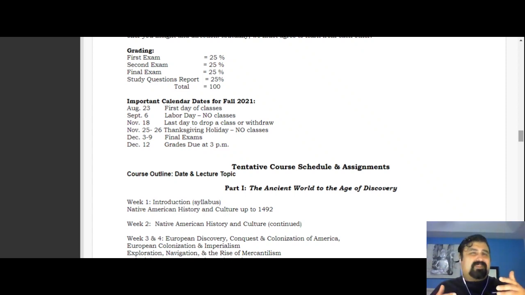Also, please keep in mind that at the end of the semester, when I'm calculating each grade, I do that on an individual basis. I go student by student, and I look at their grade distribution.